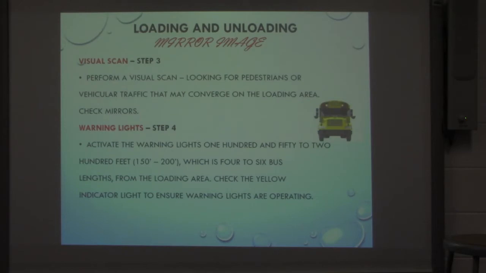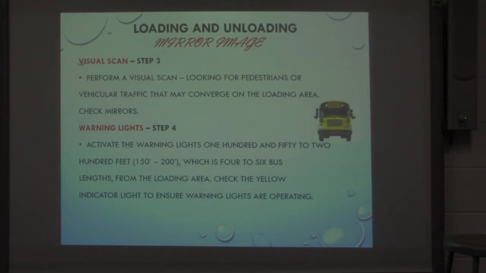Maybe they're coming really fast and they don't have time to stop. So just make sure that you are in control of the situation before you actually ask your children to come on. You want to check to make sure they're not coming around the left side or the right side of your bus. This will be included in this visual scan.